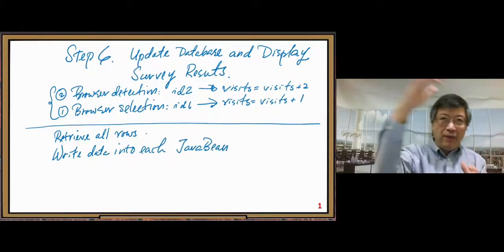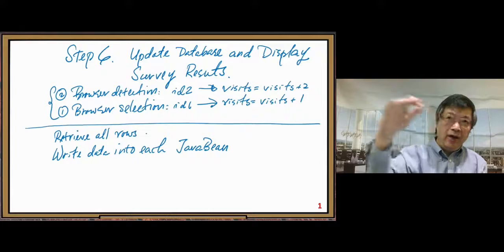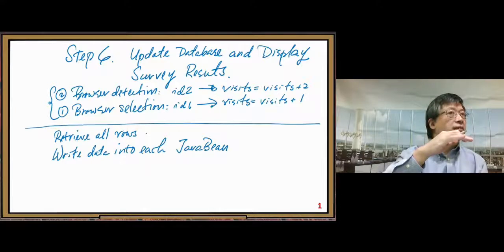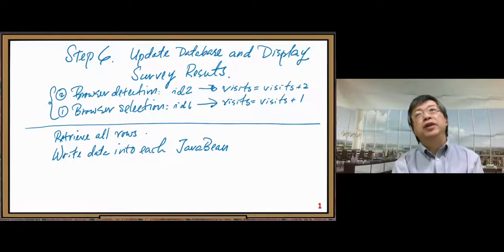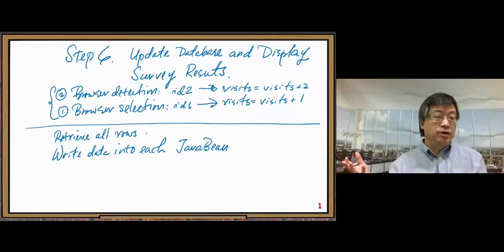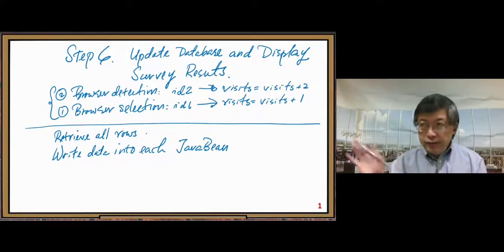In the Java Bean, the properties: ID, name, what else? Percentage, right? The ID we do not really need, because for display purposes the users do not care about the ID. ID is for internal use, so we do not need to write ID.